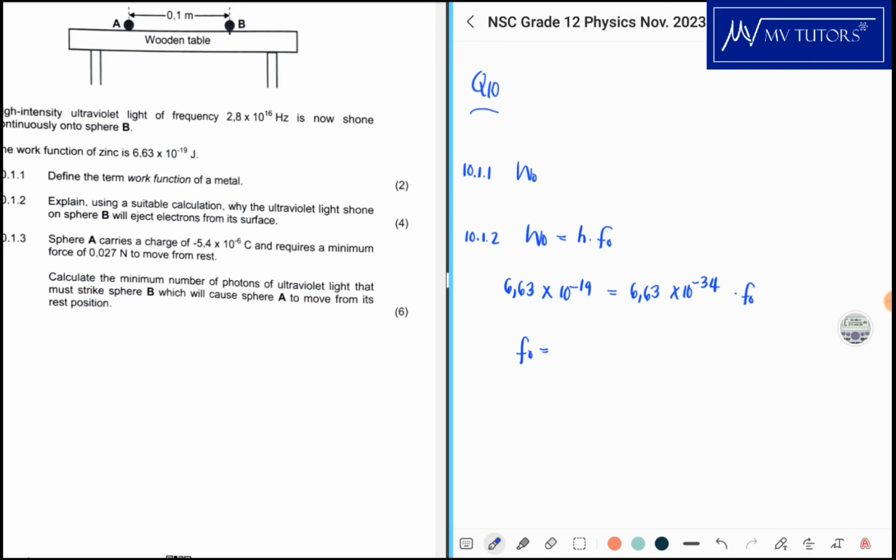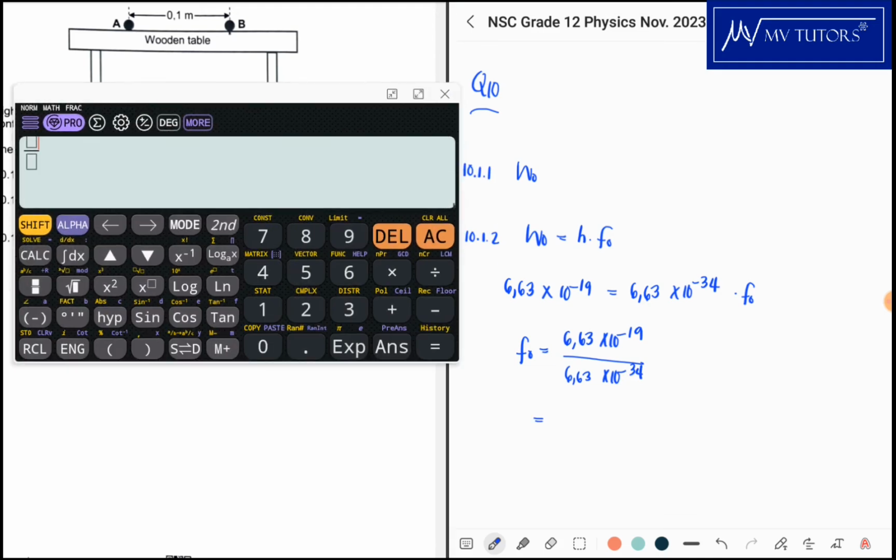So threshold frequency is 6,63 times 10 to the negative 19 divided by 6,63 times 10 to the negative 34. I hope that you see that things are gonna work out, but let's just calculate. So 6,63 times 10 to the power negative 19 all over 6,63 times 10 to the power negative 34.